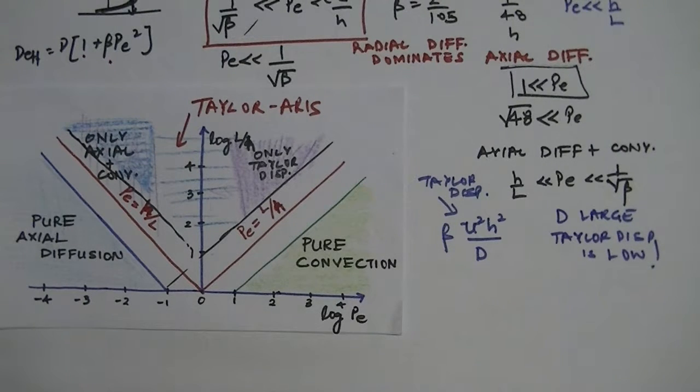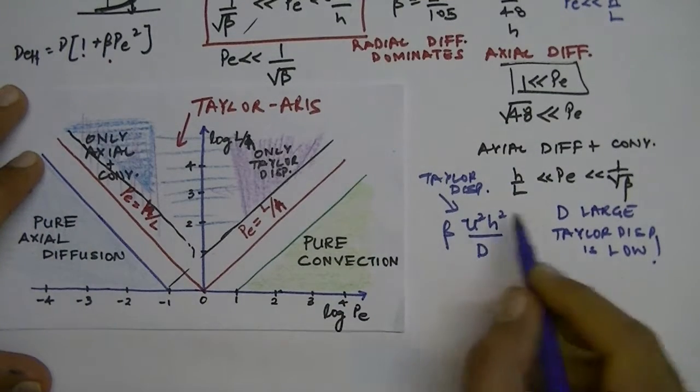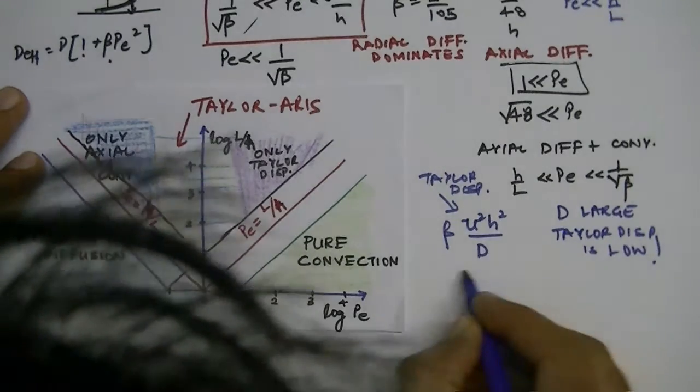But this can be explained, because recall that this Taylor dispersion term is not due to axial diffusion, it is due to radial diffusion.